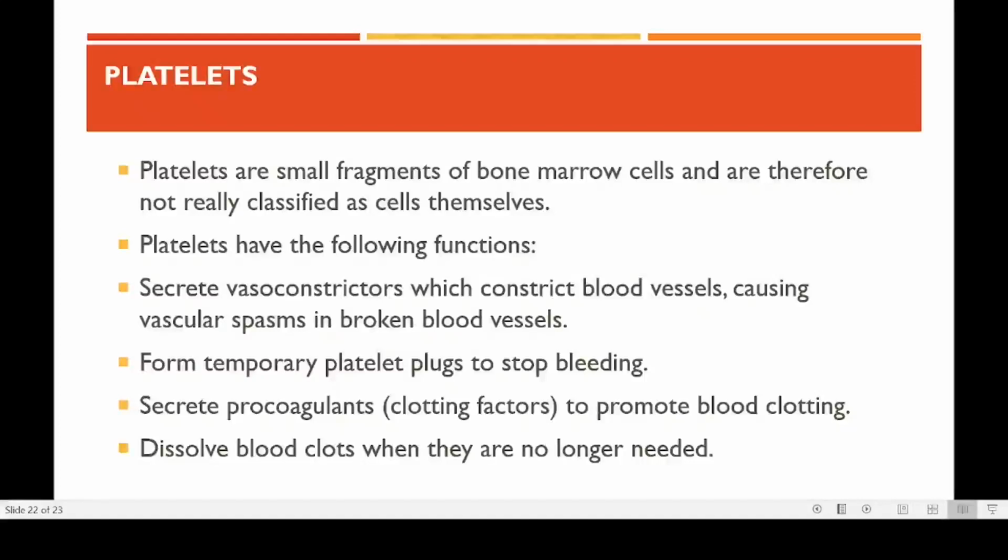For example, if there is a site of injury, what happens after some time is that the bleeding stops after the formation of a clot. How is this mechanism taking place? Normally our body pumps a lot of blood to that region, and a lot of WBC will be coming there.